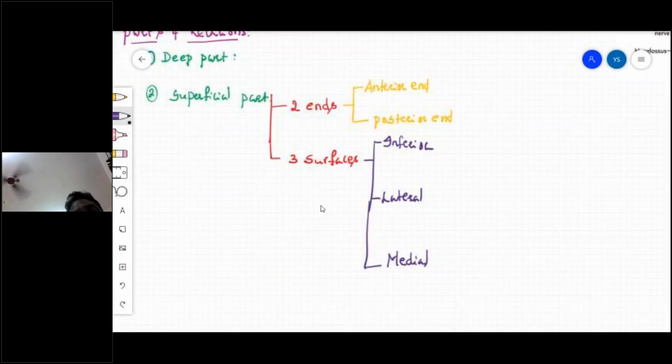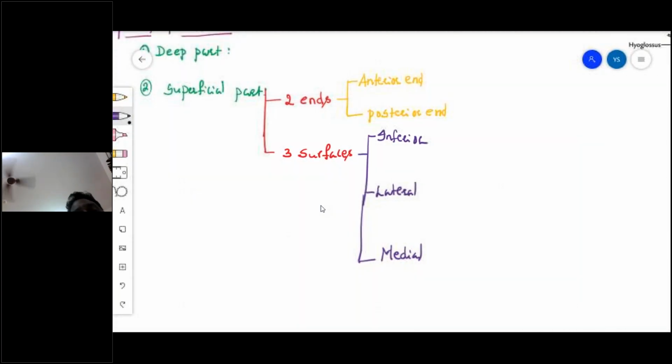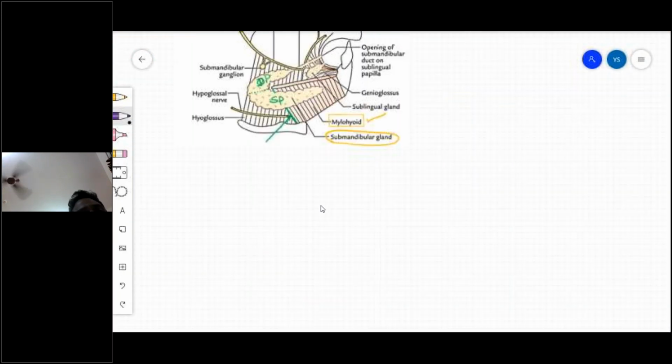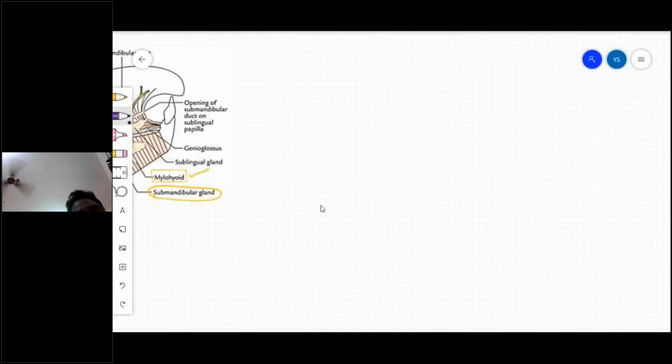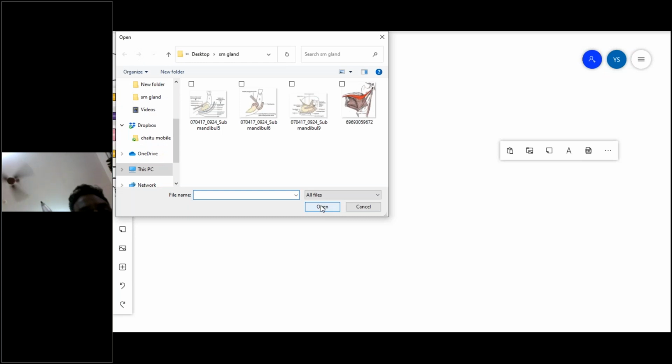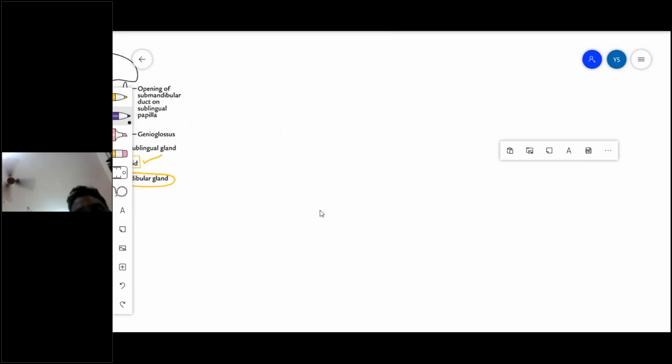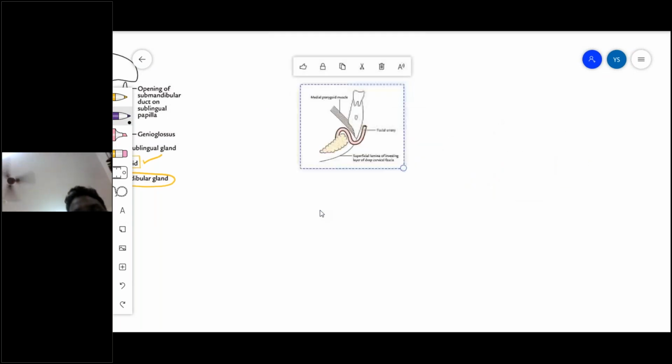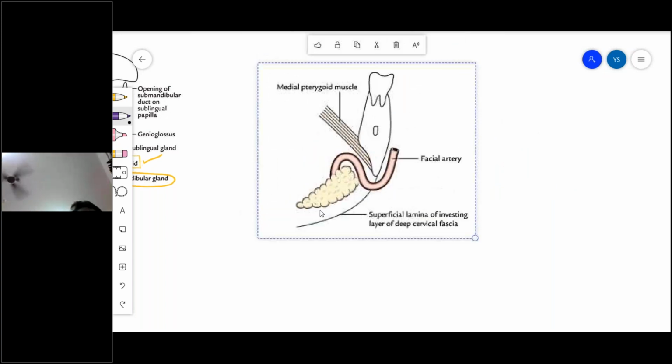Okay. If you see the first, the two ends of the superficial part, I will show you in the picture. In this picture, we can see the superficial fascia, and also we can see the submandibular gland.